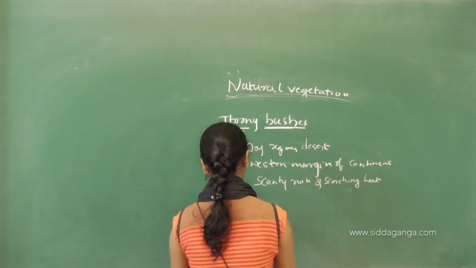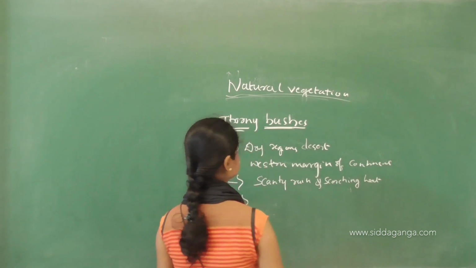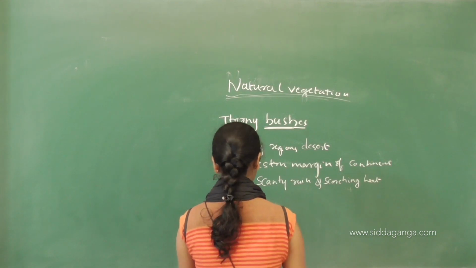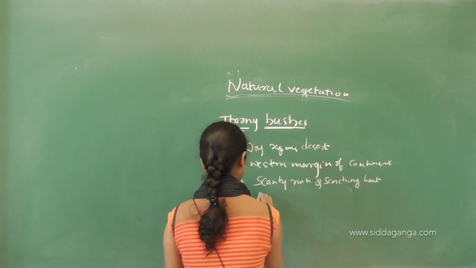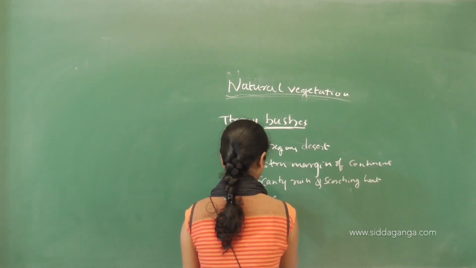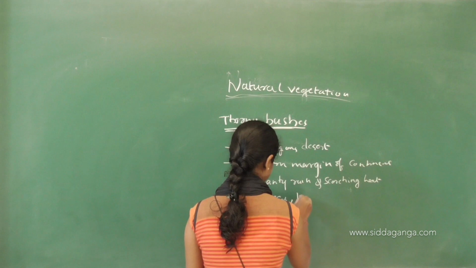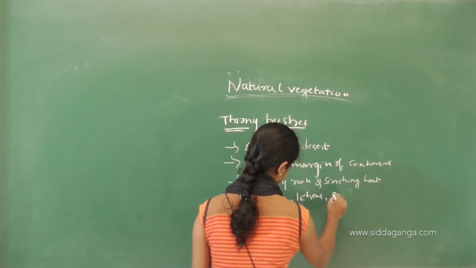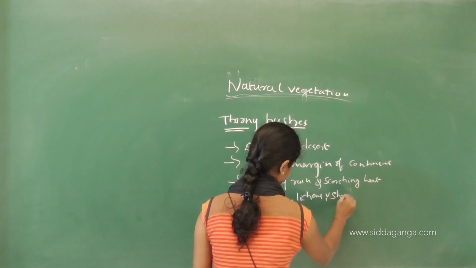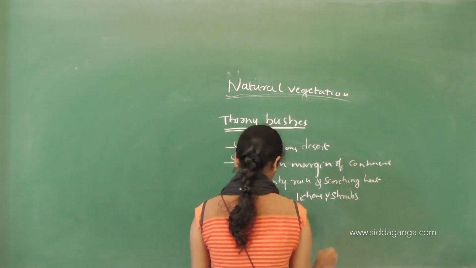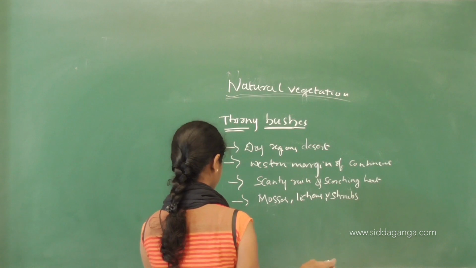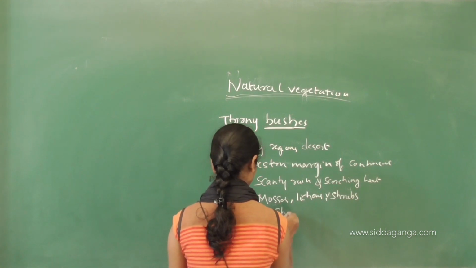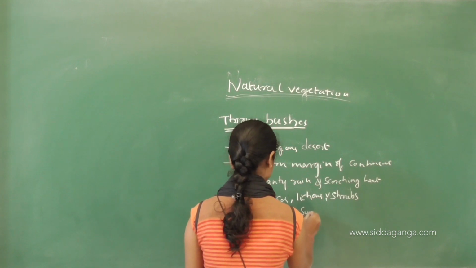Okay, this is about the natural vegetation of these thorny bushes, and here it is very limited vegetation, only mosses, lichens, very small shrubs can be seen. It grows during the very short summer.